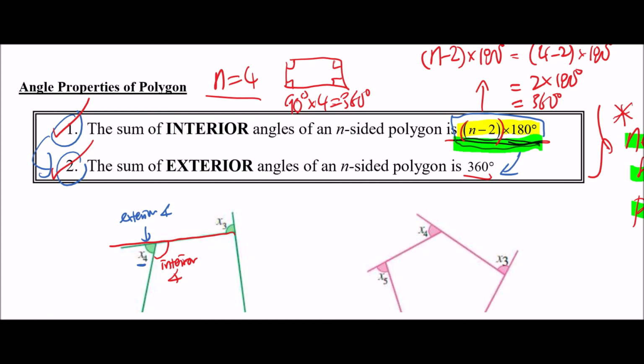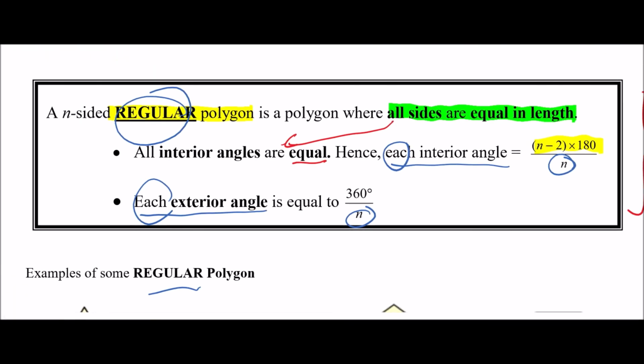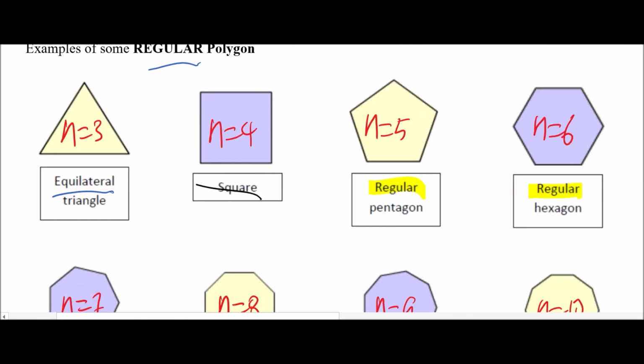The sum of exterior angles for any polygon, need not be regular, is 360 degrees. For regular polygons, if you want each interior angle or each exterior angle, you simply take the relevant formula and divide by n, simply because all the interior angles are equal for a regular polygon. All the exterior angles are equal for a regular polygon.